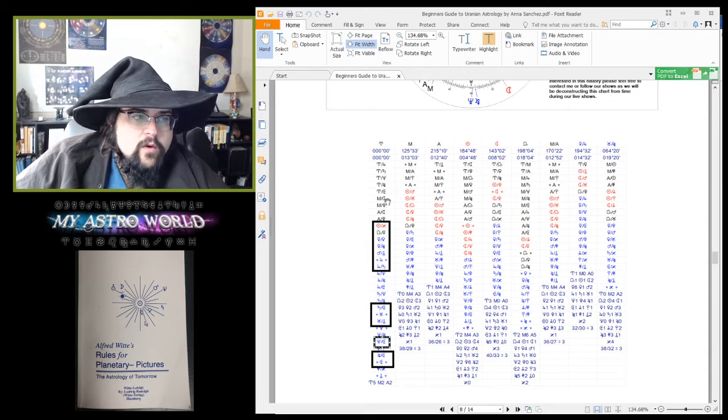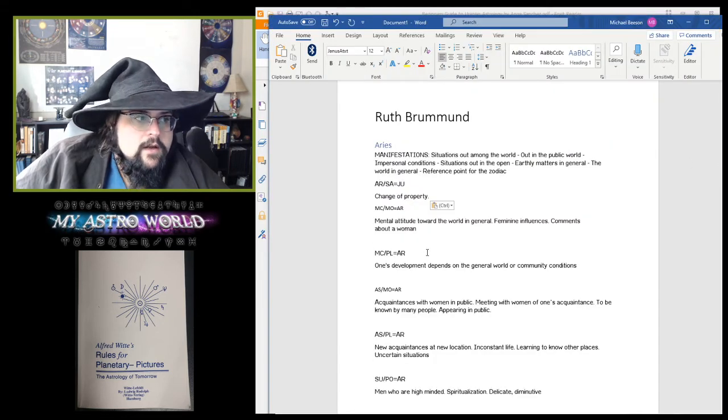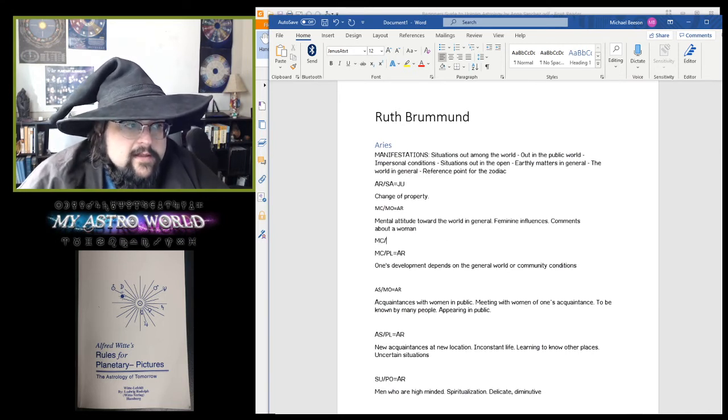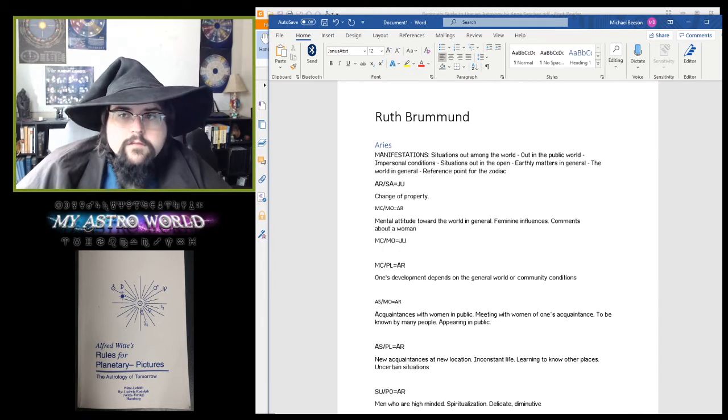And we started with the moon, the meridian moon, right? So meridian moon equals Aries. Well, meridian moon also equals Jupiter. So we would come over here and we have this MCMO equals AR, and right underneath it, to keep things kind of tidy, MCMO equals JU.